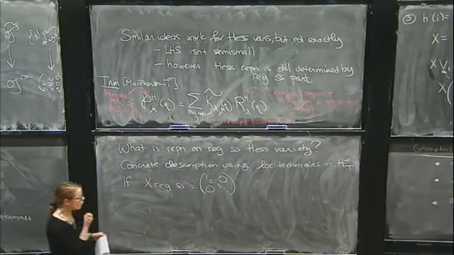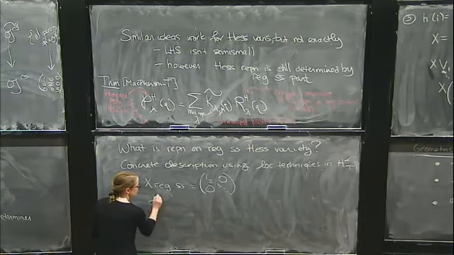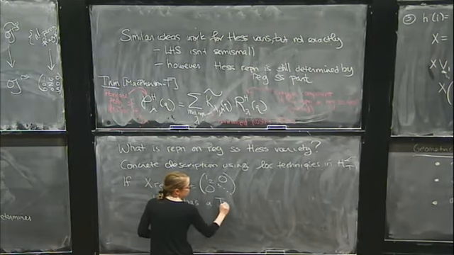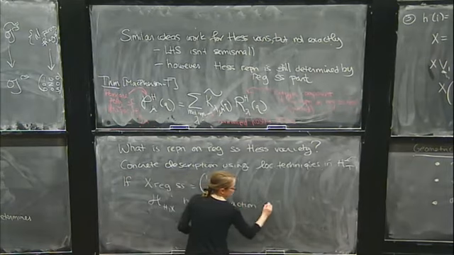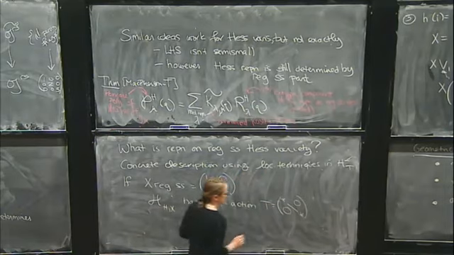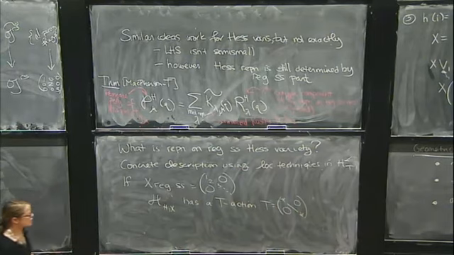Then the whole Hessenberg variety has a torus action. That's not generally true for Hessenberg varieties, but it is when we're regular semi-simple.